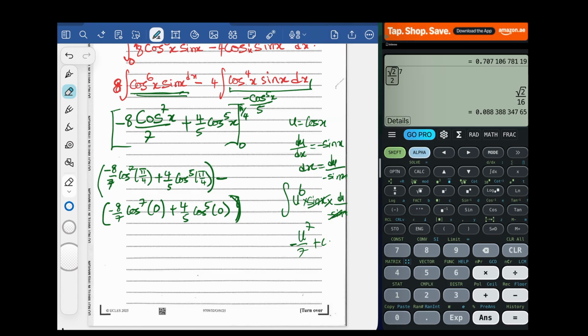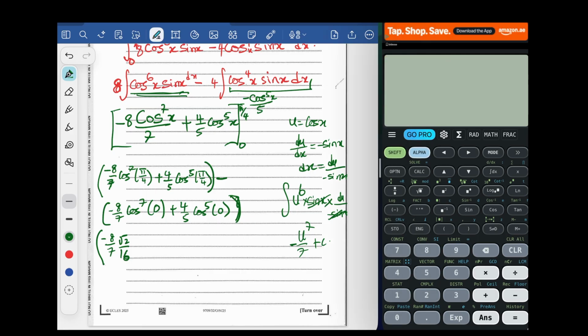So minus 8 over 7 root 2 over 16. That's for the first one. Then similar thing, cos pi by 4 to the power of 5, you get root 2 by 8. So plus 4 over 5 root 2 by 8, minus the other bracket.